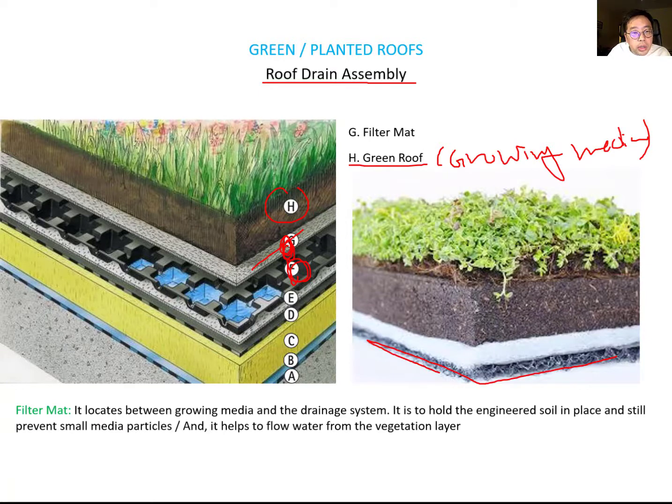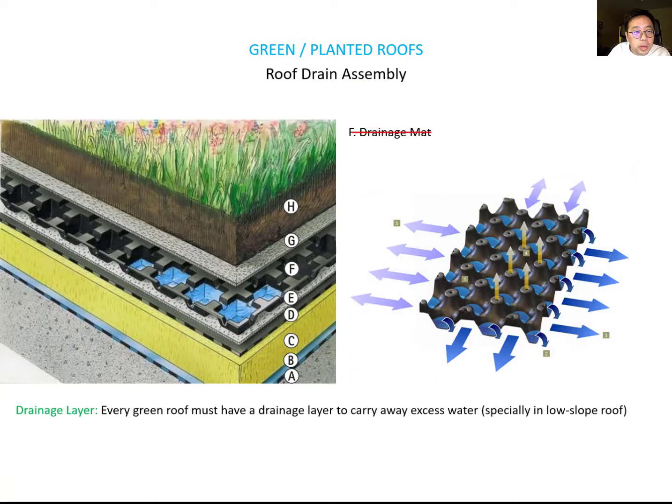It protects against small particles, and this filter mat also holds the growing media in place. Below this filter mat you have the drainage mat. It is like a dimple pattern, a kind of plastic layer.